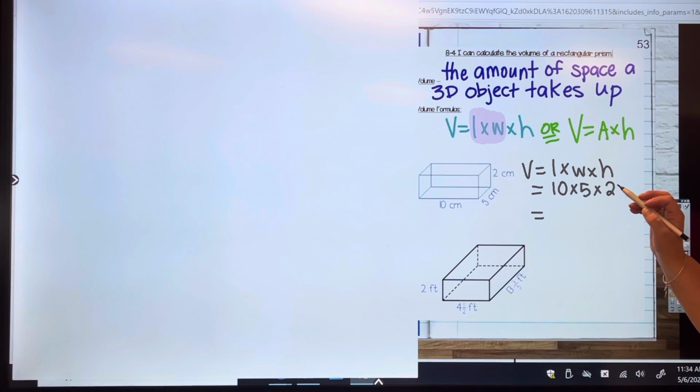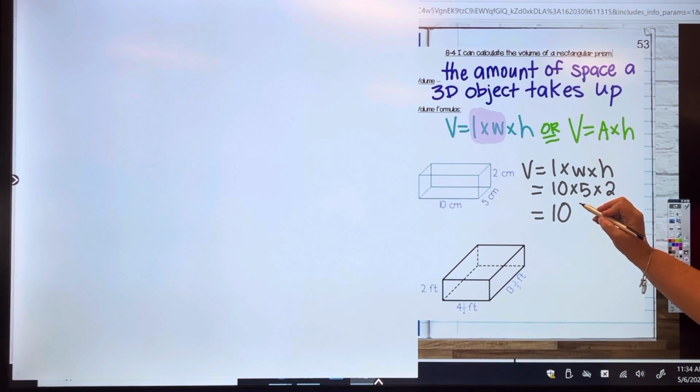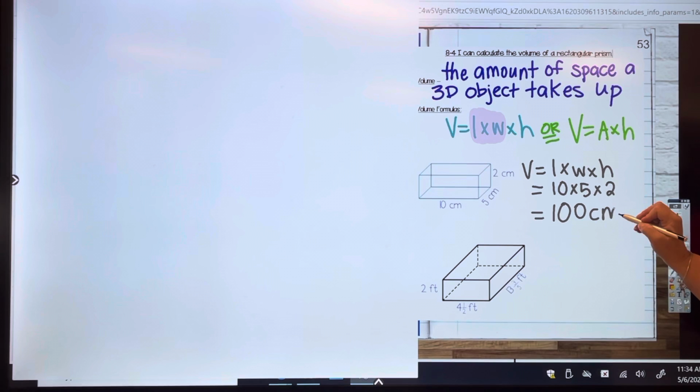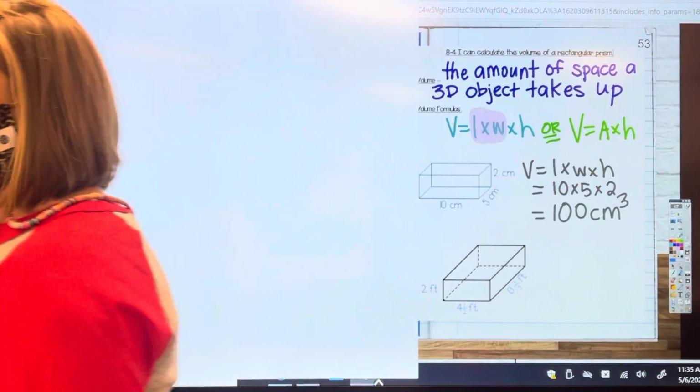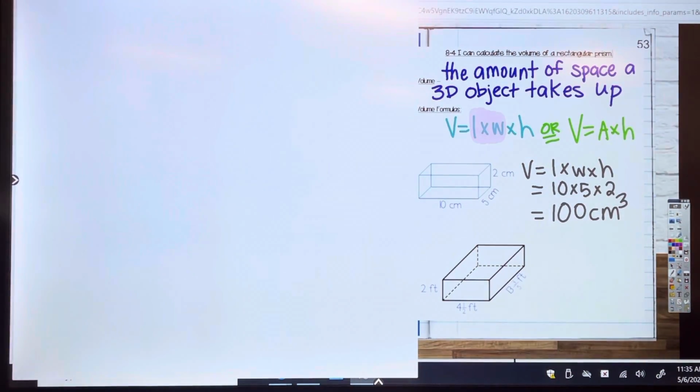What's 10 times 5? 50 times 2 is 100, and what are our units? Centimeters cubed. You multiply 3 numbers, it's centimeters cubed, okay?